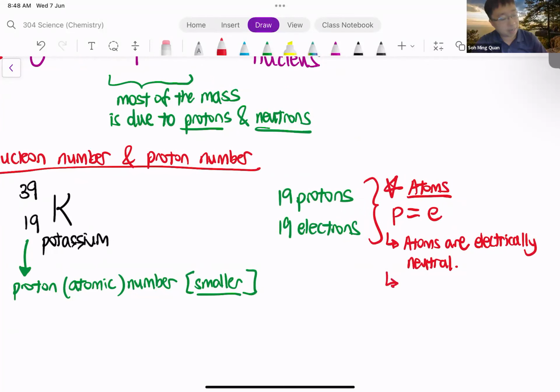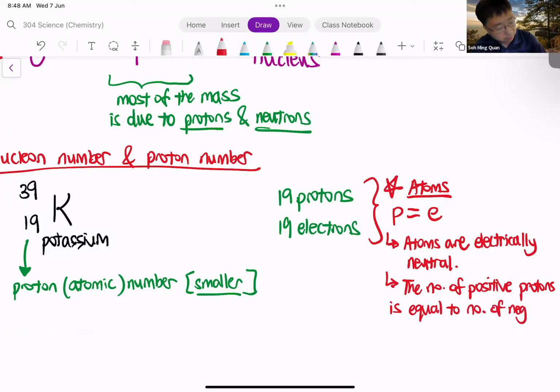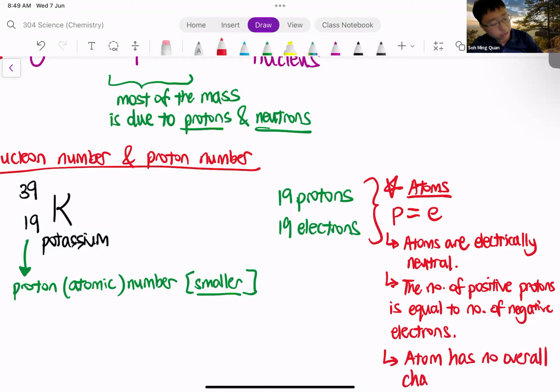What it means is that the number of positive protons is equal to the number of negative electrons. Just now we already saw that protons are positive, electrons are negative. So if they are the same in number, what it means is that the atom has no overall or net charge.